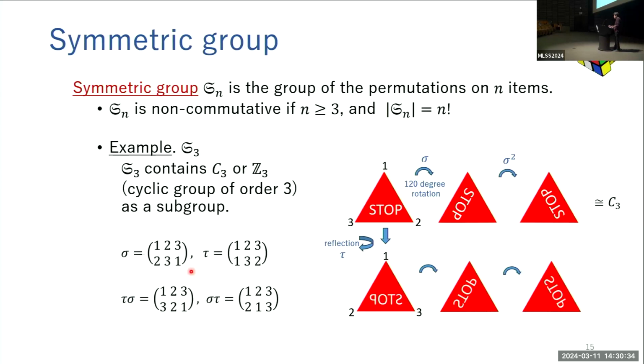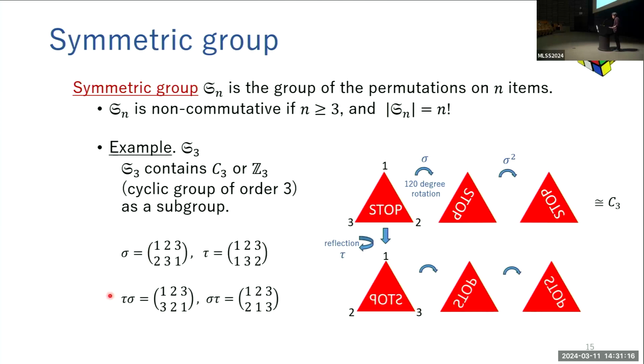This makes a cycle, right? Graphically, we can see it this way: 1 goes to 2, 2 goes to 3, 3 goes to 1. And this can be interpreted as a rotation of 120 degrees, right? Three applications of this permutation give the identity. So in this way, this element in S3 makes a subgroup that is the cyclic group of 3 elements.